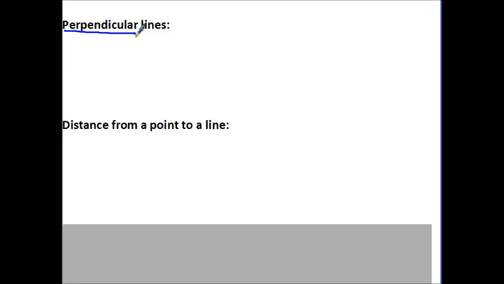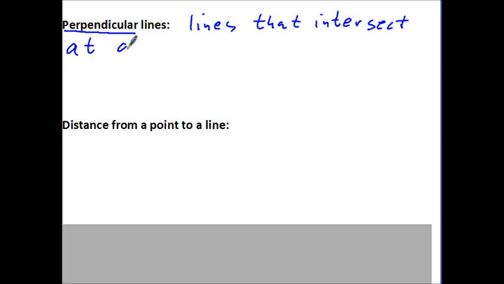Perpendicular lines are lines that intersect at a right angle. And always remember that right angle means 90 degrees, right?